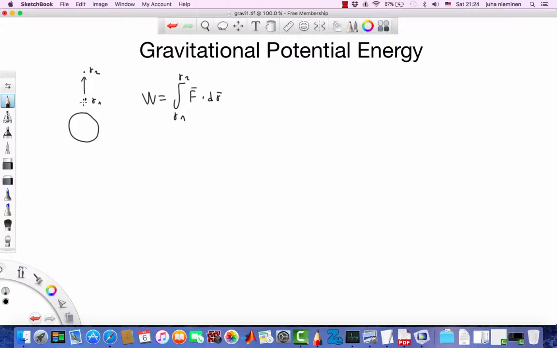Now, gravity in this case is of course towards the center of the Earth, so that's going to be down, while our displacement is up. So that dot product has to be negative. So we get from R1 to R2, and Newton said that G times mass of the object and then mass of the Earth divided by r squared.